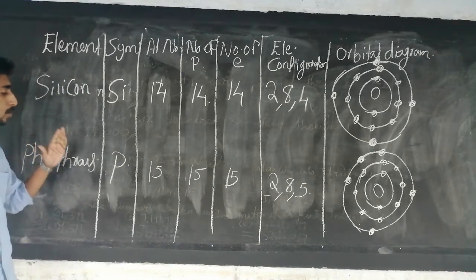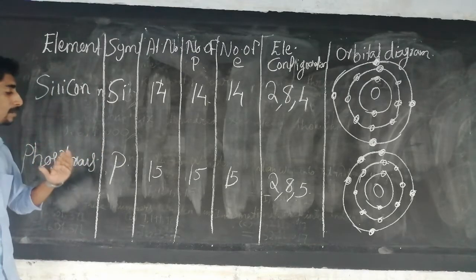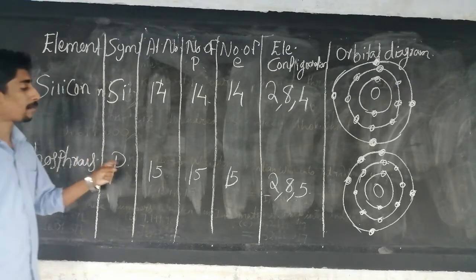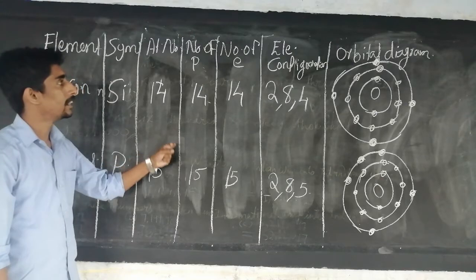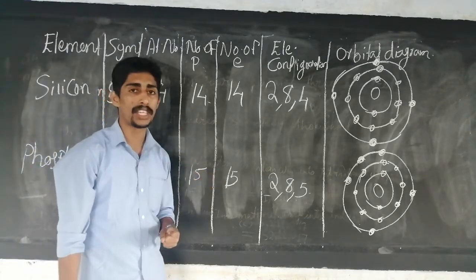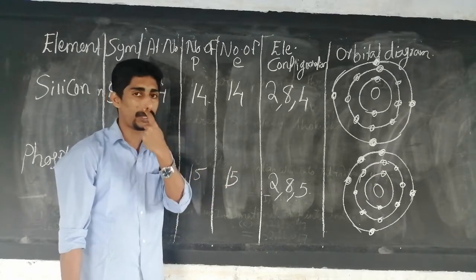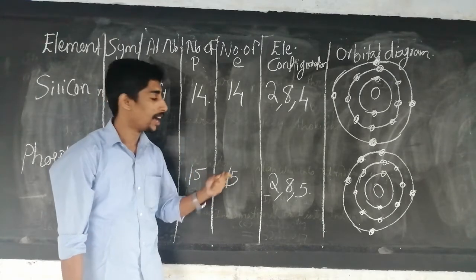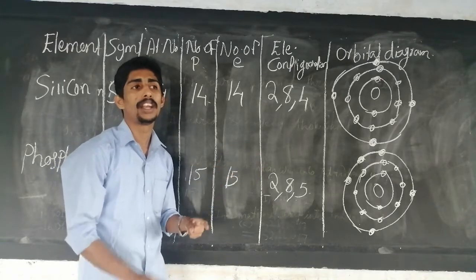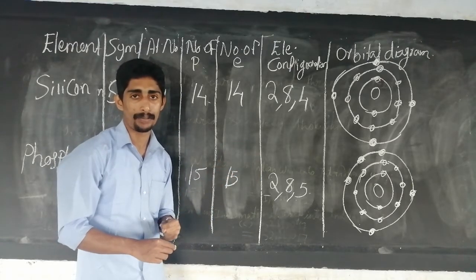The next element phosphorus is represented with the symbol capital letter P. And the atomic number of phosphorus is 15. Number of protons is also 15. Number of electrons is also 15. So there are total 15 electrons. From these 15 electrons, 2 electrons will go to the first shell.